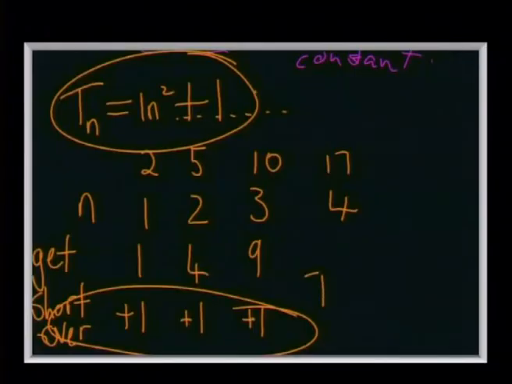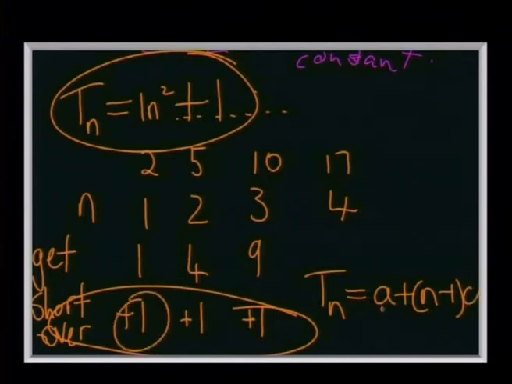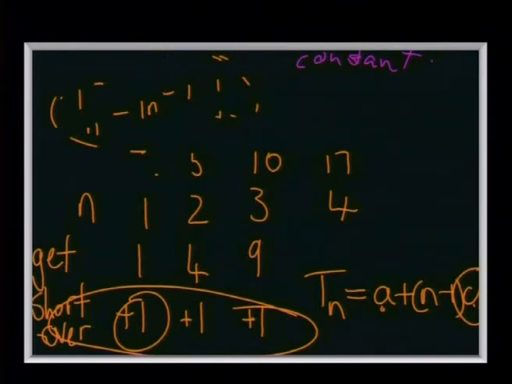Then you can use this part of your arithmetic or linear formula, substitute your first term for a, substitute your common difference for d, and then add that to that Tn formula. So we're going to do some examples just now, so I'll show you how to do it.